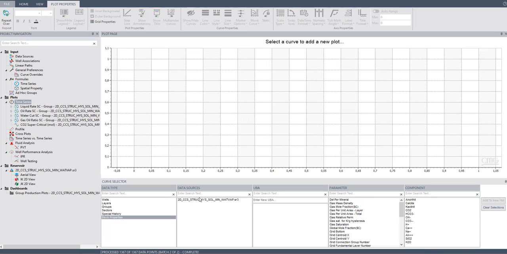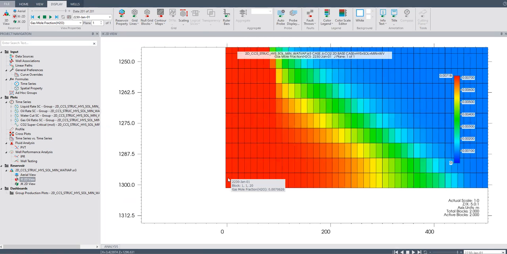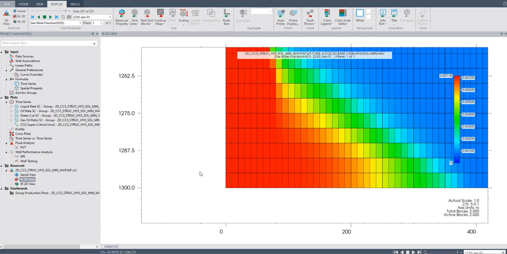And if you want to check block properties, let's find this location, 1 1 20. That's the location of the grid block: X1, Y1, and Z20.